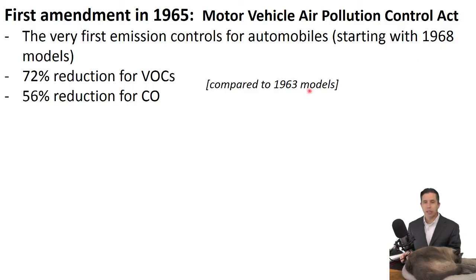That, compared to a 1963 car, have to emit 72% less VOCs and 56% less carbon monoxide. Okay, so that's the very first time there's a law regarding air pollution with cars. So prior to 1968, cars could pollute as much as they wanted. There was no laws regarding that.